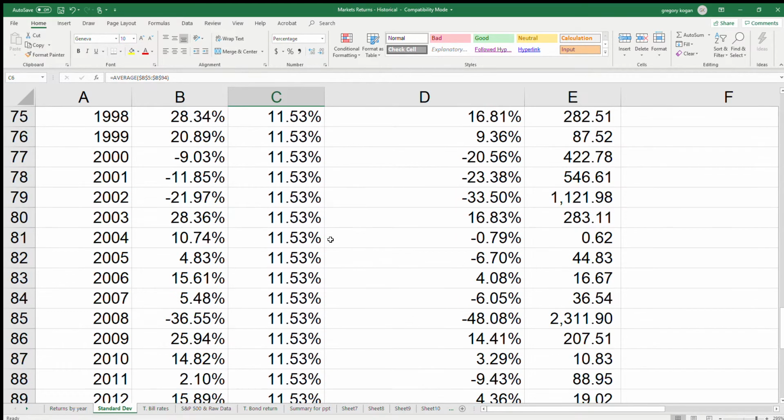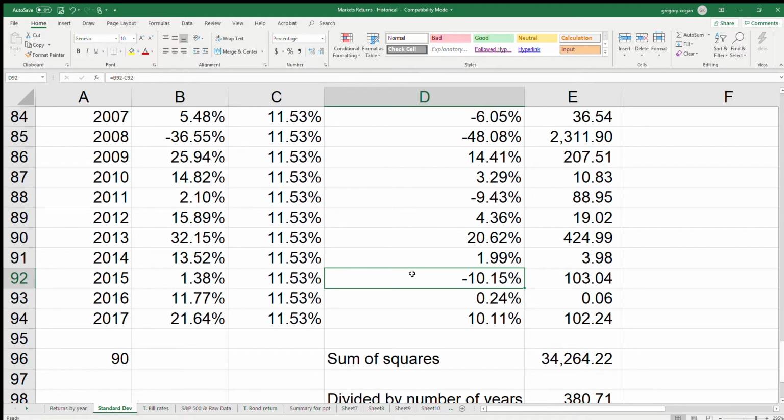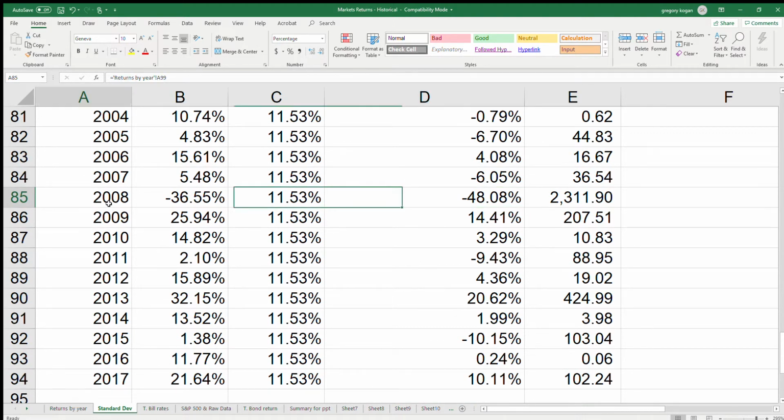More recently, 2017 it was 10% above average. 2016 was right on, and then 2015 was minus 10-15. You could see generally big volatility is basically showing you how far. 2008 minus 36, so that's 48% away from the average.